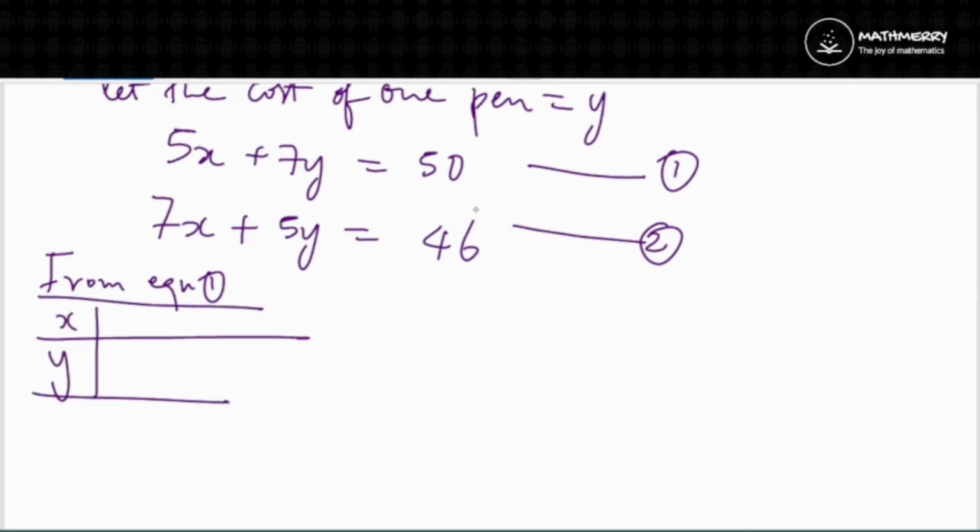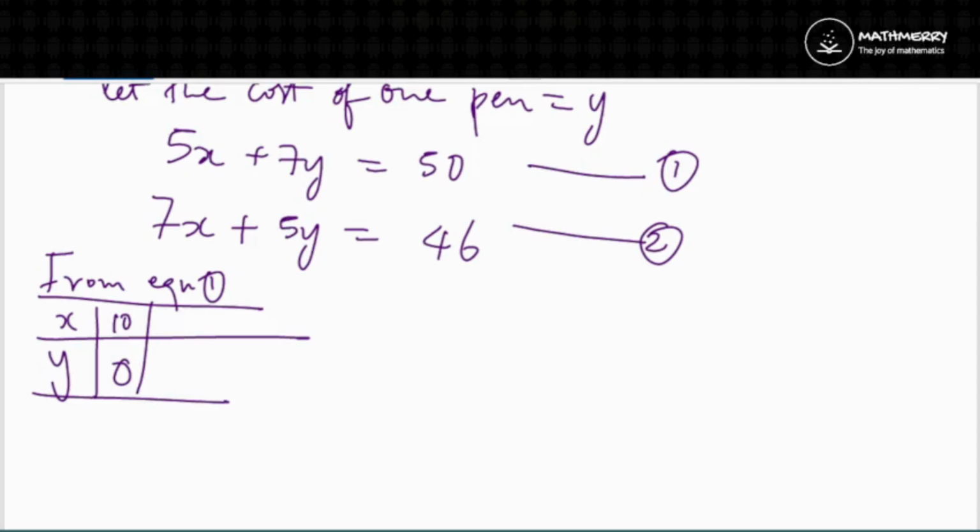So when we put x is equal to 0, what will we get as y? No, we cannot do that. So if we put y is equal to 0, what will come in the place of x? It will come as 10. And when we put y is equal to 10, can we do that?